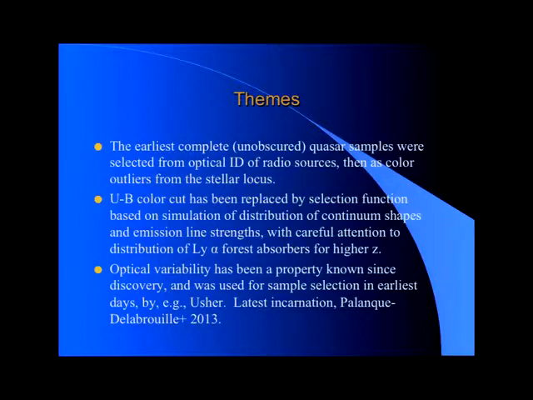In order to have a valid sample, you need to understand the limits up to which you could have found the objects so that you define your boundaries very cleanly. That's now a very sophisticated procedure, and any modern paper is going to have a long appendix about how a color selection was derived from a distribution of quasar spectral energy distributions with emission lines superposed and, at the redshift limits that Don will talk about, the actual distribution of Lyman alpha forest absorbers matters in terms of defining the limit on your sample.